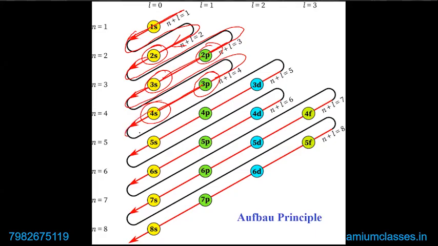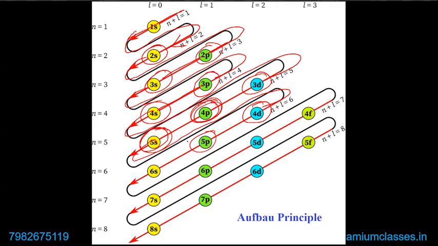After 4s, you go back, then it is 3d, 4p. After 4p, it is not 4d. It is not in the same shell, rather from 4p to 5s. And after 5s, it is not 5p. No, rather you go back, it is 4d. And after 4d, 5p, and so on.